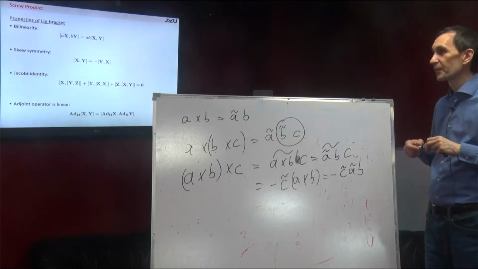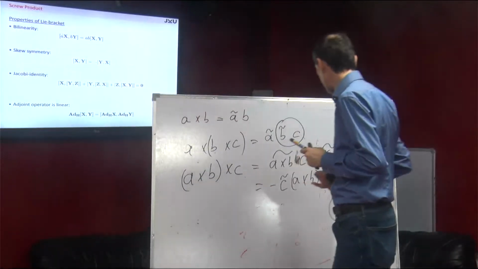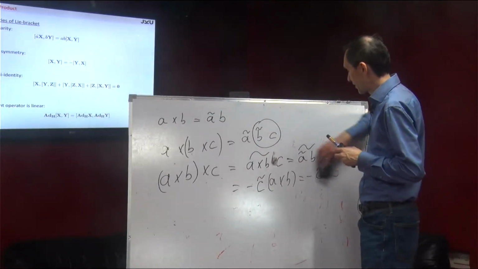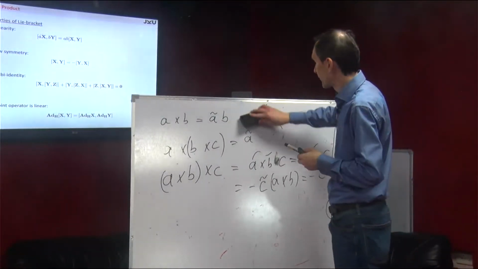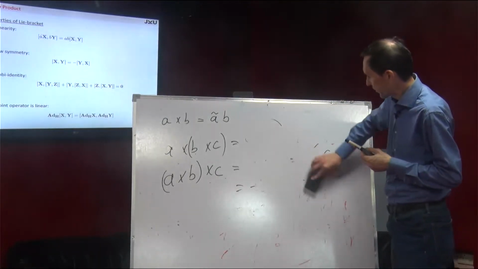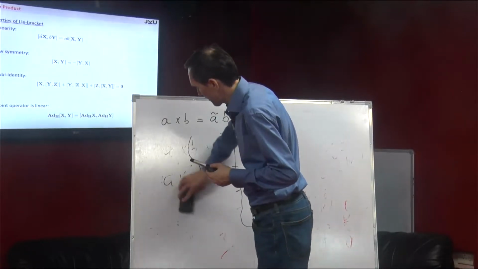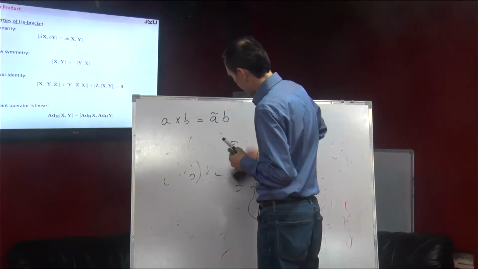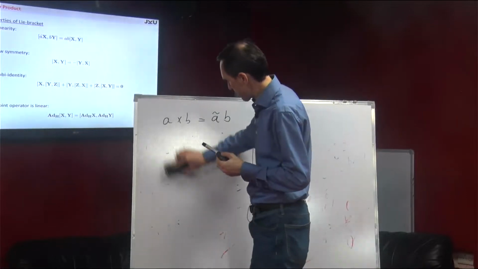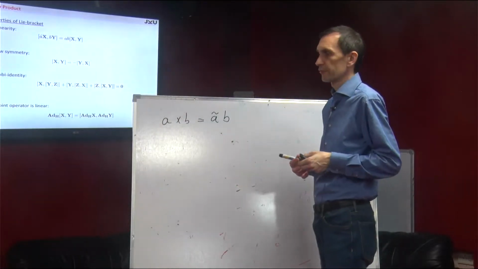Okay, so why I started looking into this is because of this Jacobi identity. Maybe you had it in one of your courses, not sure, because you find this in textbooks on vector algebra, for example.